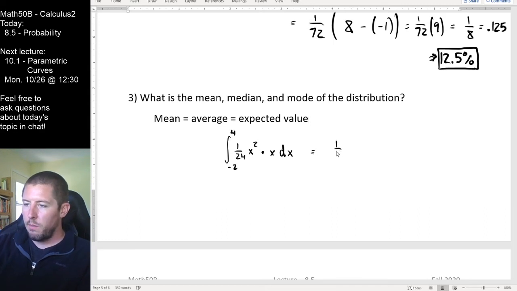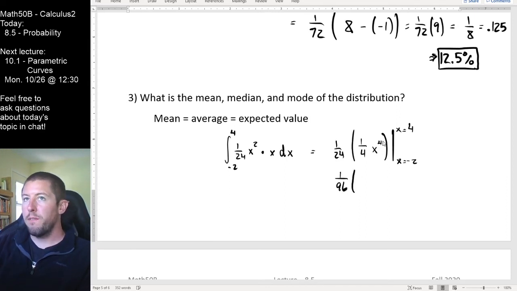So it looks like this is going to be 1/24. This is really x cubed, so I'm going to get a 1/4 x to the 4th, and I'll evaluate that from x equals -2 to x equals 4. 1/24 times 1/4 is going to be 1/96. 4 to the 4th is what? 256.